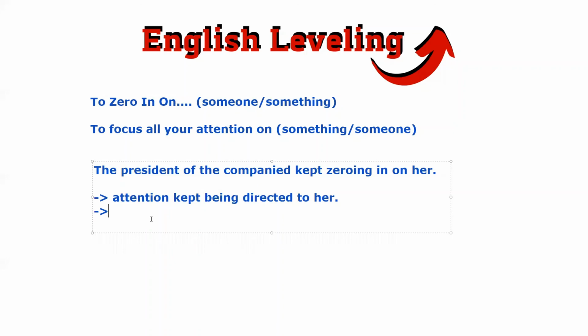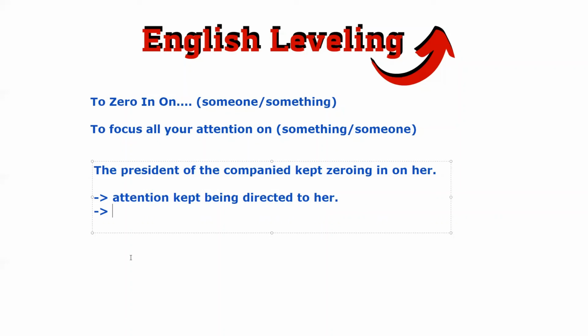He's on her, and he focuses all of his energy on her. And this has maybe a bad connotation. This means she might be in trouble because he suspects her of doing something wrong or something like that. But we can use the phrase like that, to zero in on.